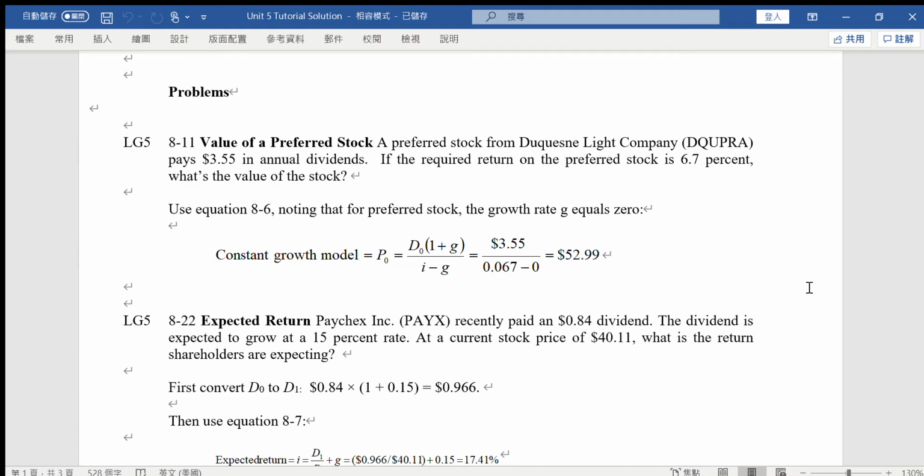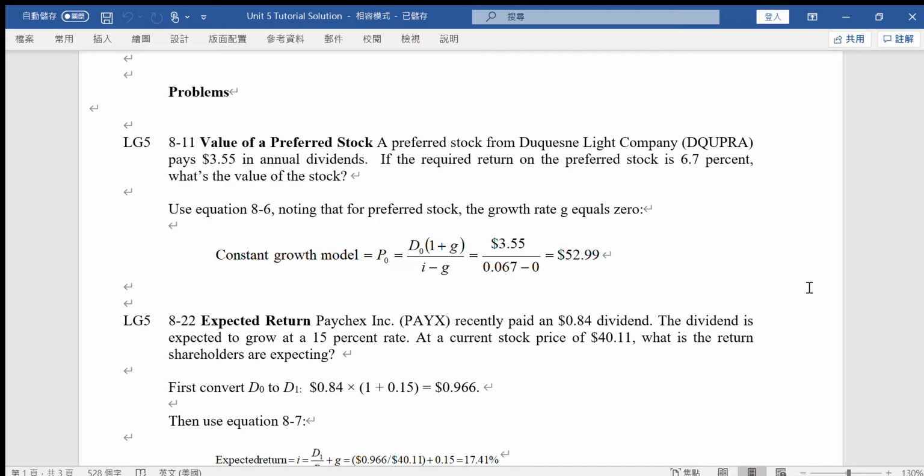If the required return of the preference stock is 6.7%, what is the value of this preference share? Okay, for preference stock, so simple, we can also apply the constant growth method, right? For the constant growth method, the constant growth is equal to 0. Because of that, you will make the formula quite simple.